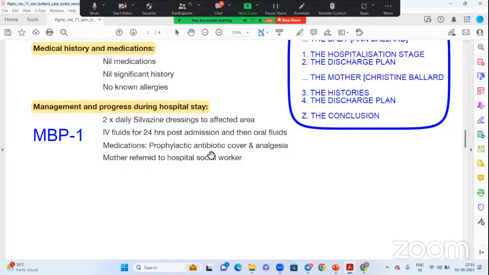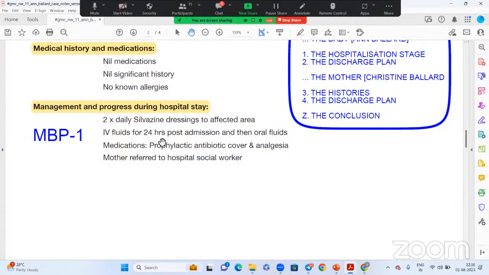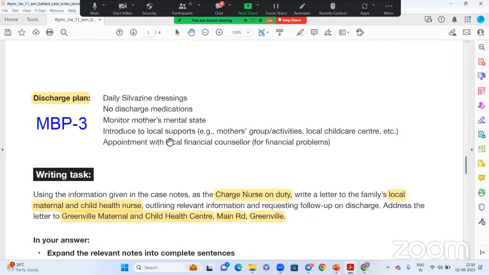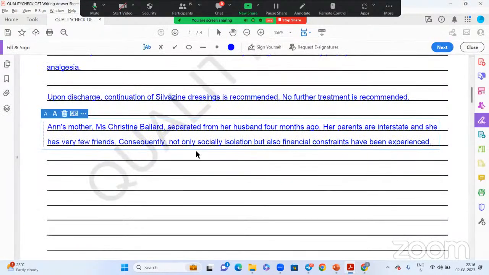So there's an answer to his question also. Here, this is related to this. Financial counselor for financial problem. Why a separate paragraph? You can use therefore, after financial constraints have been experienced. So you can continue therefore.